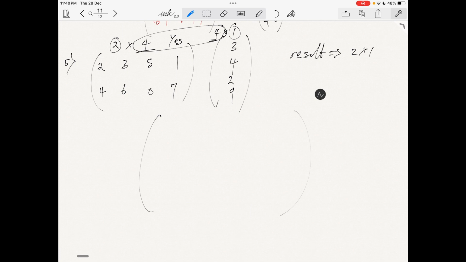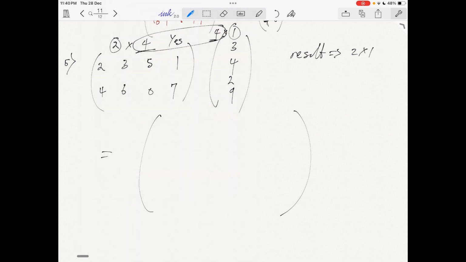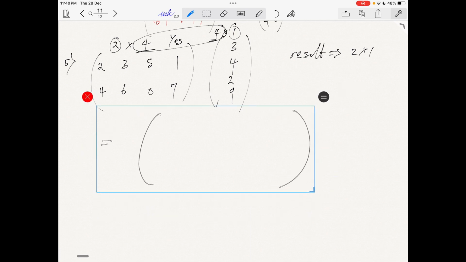So let's have our blue pen. We can even reduce the size so that we can have something tangible to work with.